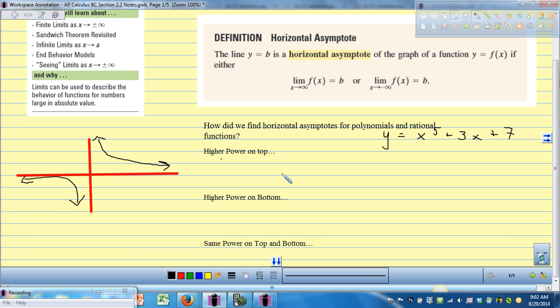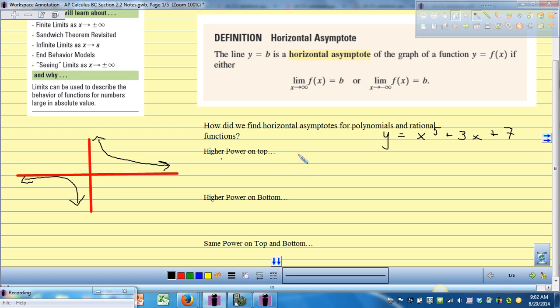They are not leveling out to some horizontal value. So with polynomials, we just have to think about the behavior of the type of function it is. Even functions, they're both going to go up or they're both going to go down. They're not going to level out to a horizontal asymptote. So that's why, as Justin said, most often we look at rational expressions when we're finding these horizontal asymptotes.